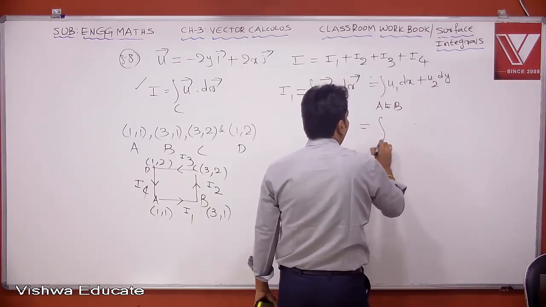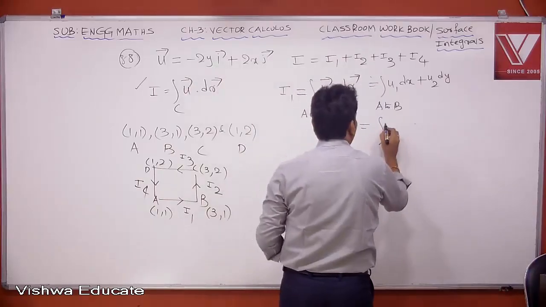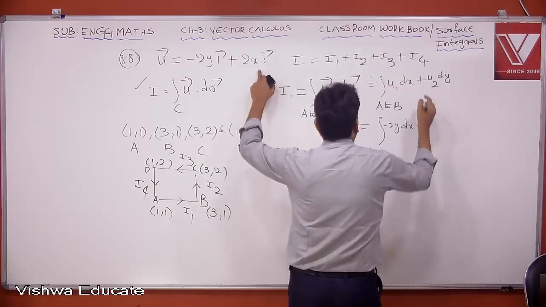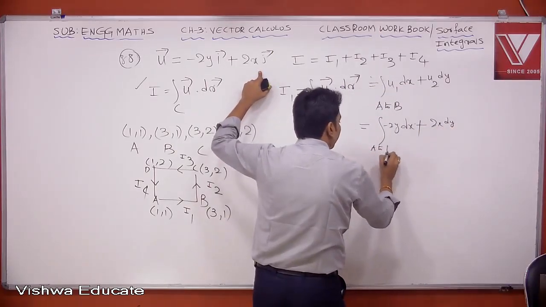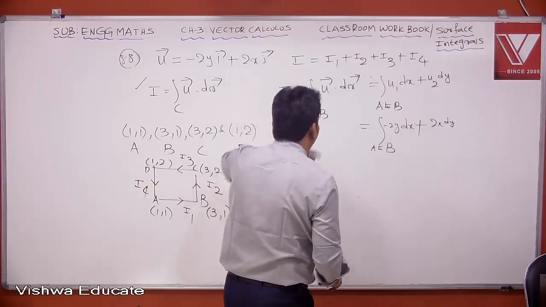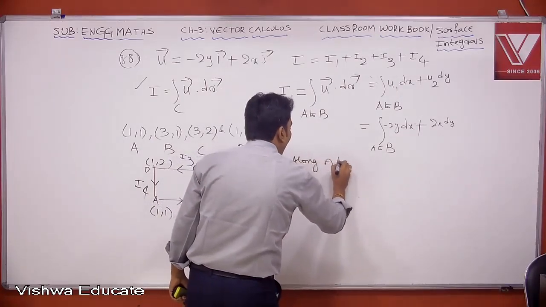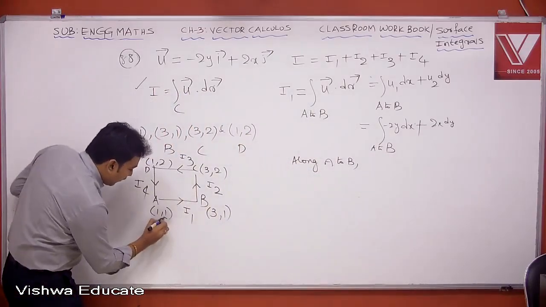Now this is integral U1 dx. You can see this is minus 2y dx plus U2, this is 2x dy, from A to B. Now along A to B, when you look at this, the value of y is 1.